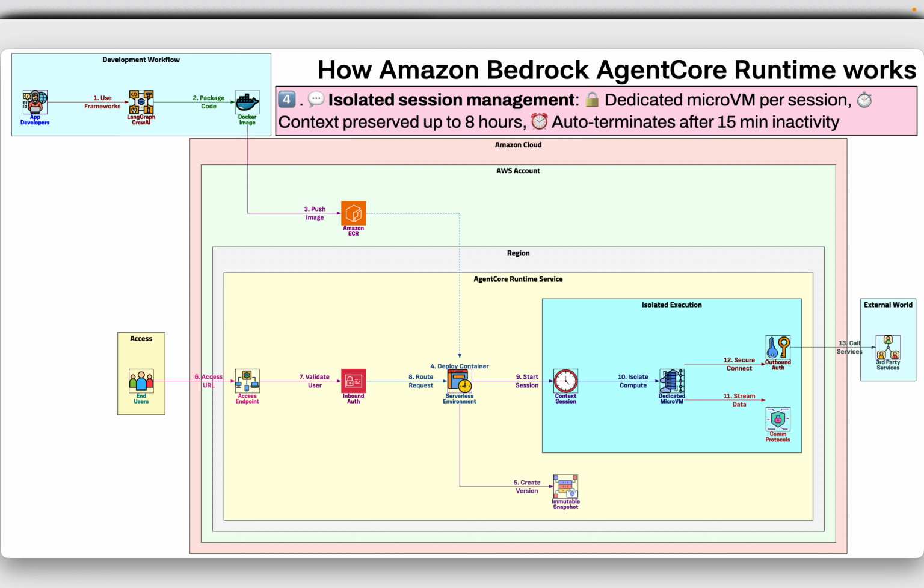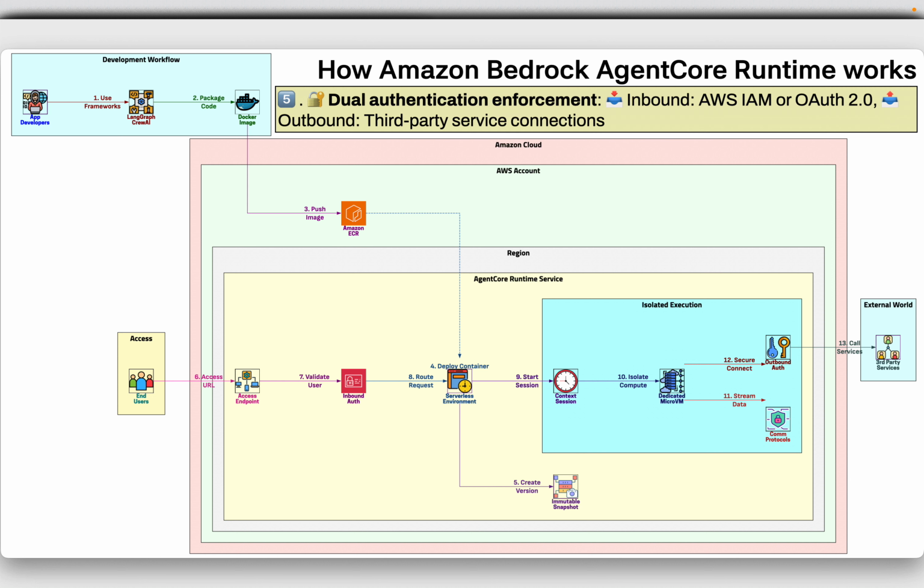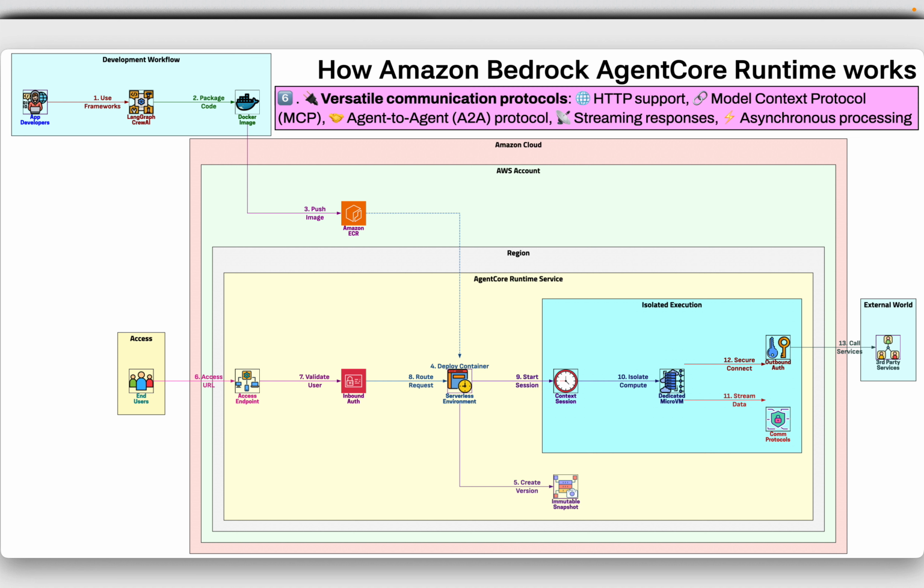User interactions occur within isolated sessions that run in dedicated micro VMs, preserving context for up to 8 hours while terminating automatically after 15 minutes of inactivity. Security is offered through inbound authentication using AWS IAM or OAuth 2.0 for user access and outbound authentication for securely connecting agents to third-party services.